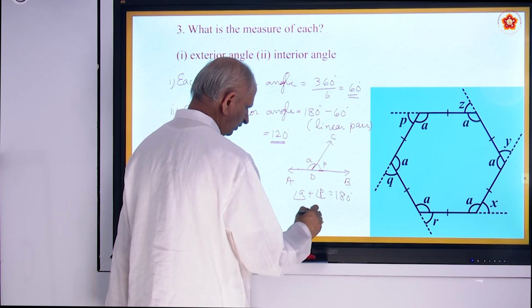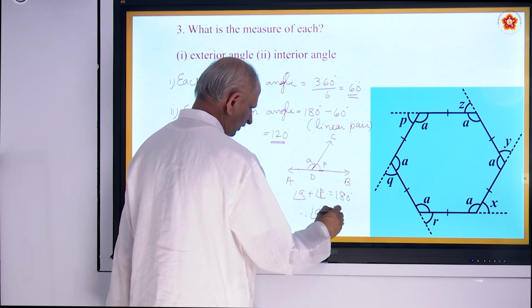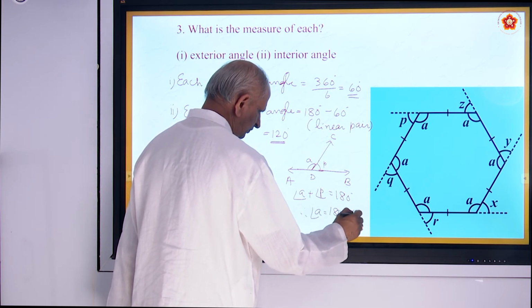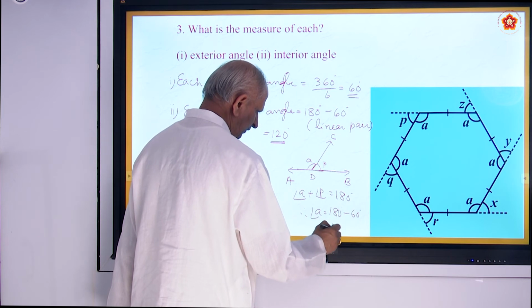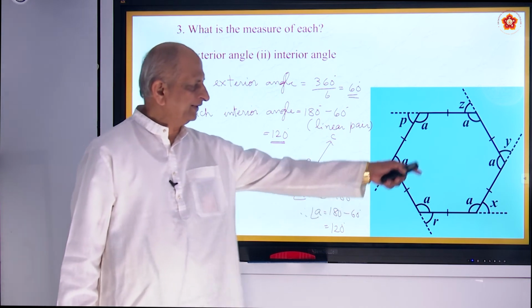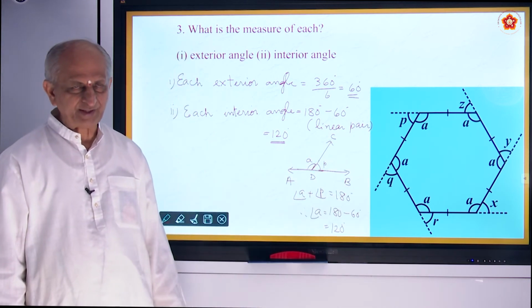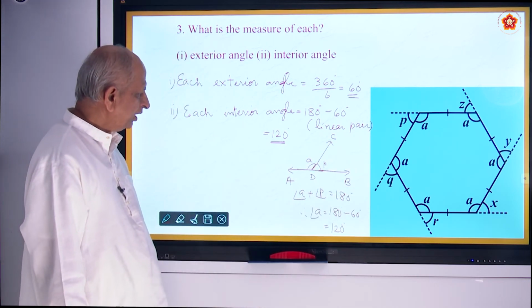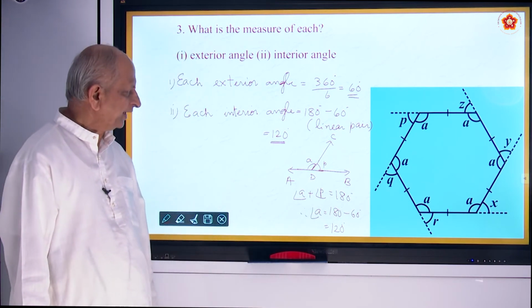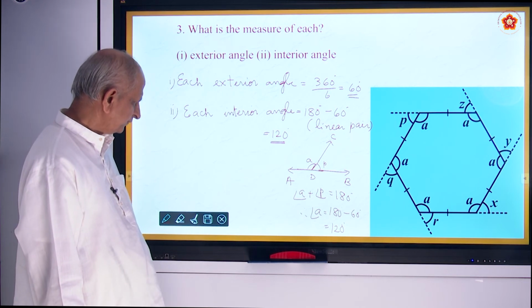Therefore angle A is equal to 180 minus P. P means how much? 60. 120 degrees. For the same reason, as it is a regular hexagon, all the angles will be 120 degrees. Interior angle will be 120, exterior is 60. Noted?